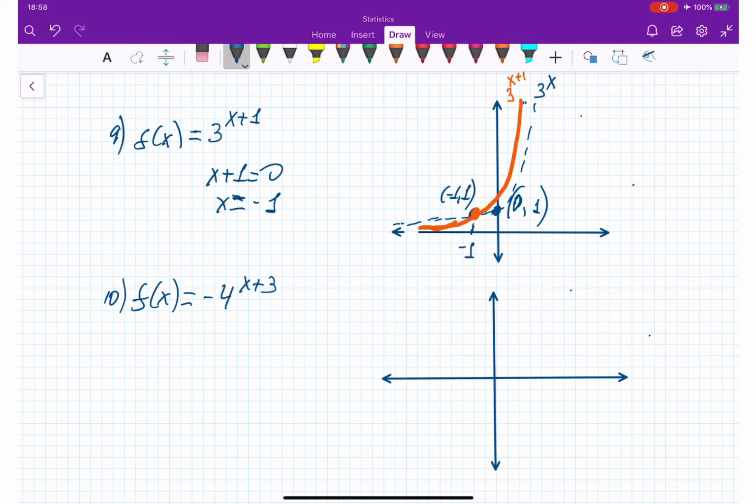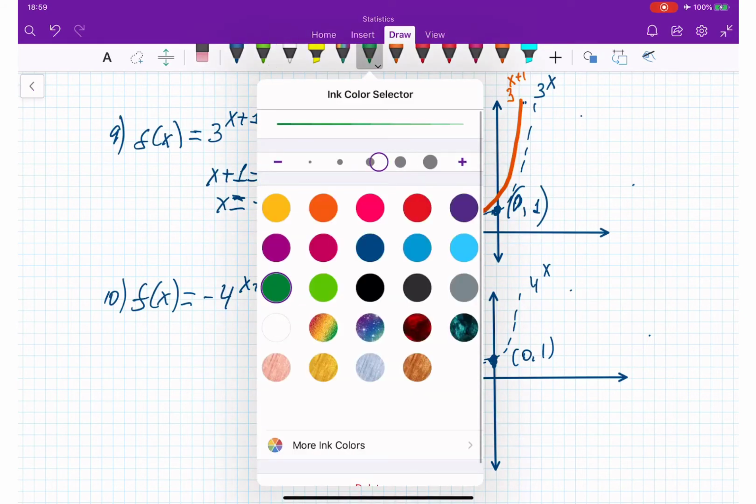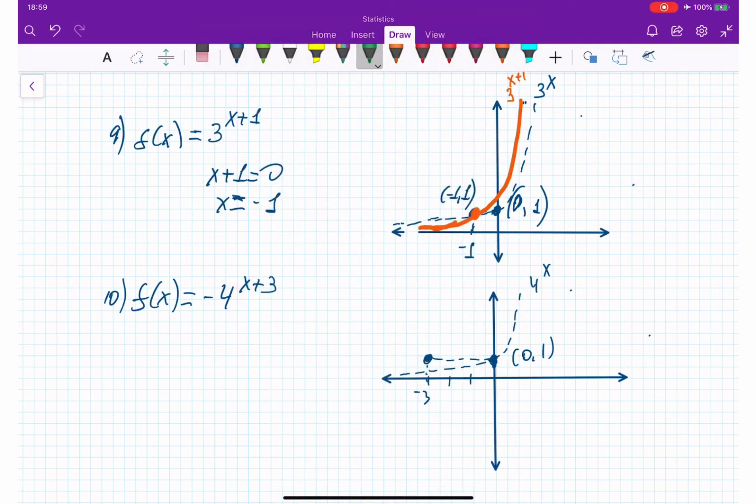So if this is my 4 to power x, this is the point 0, 1. If I move by negative 3, this point is coming here, and the graph is gonna go like this.